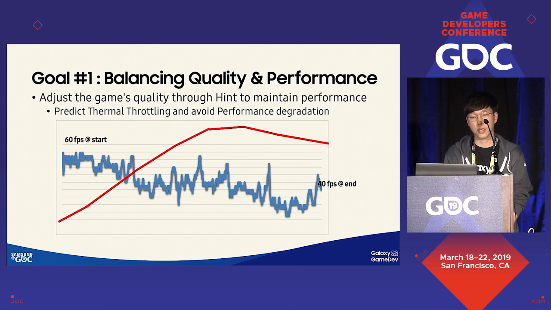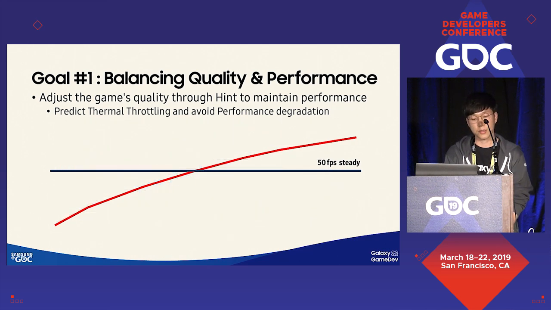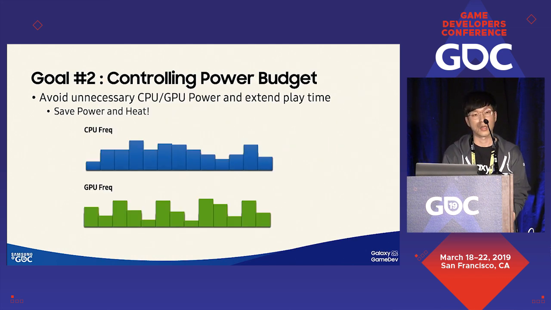With the GameSDK, you can predict thermal throttling timing. So you predict thermal throttling and avoid performance degradation by adjusting game quality and maintaining your game's performance. With the GameSDK, you can control the CPU and GPU max frequency.